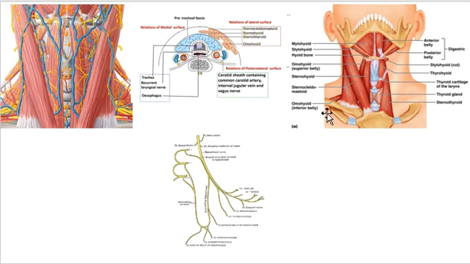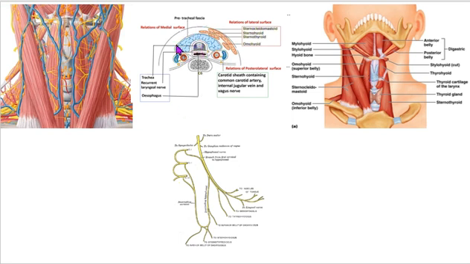If more room is required in case of large goiter, the strap muscles are divided in the upper part, to avoid injury of the ansa hypoglossi nerve, which is situated in the lower part of the strap muscles.